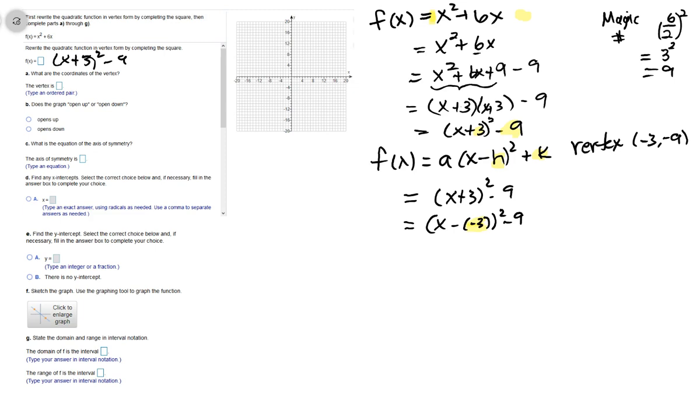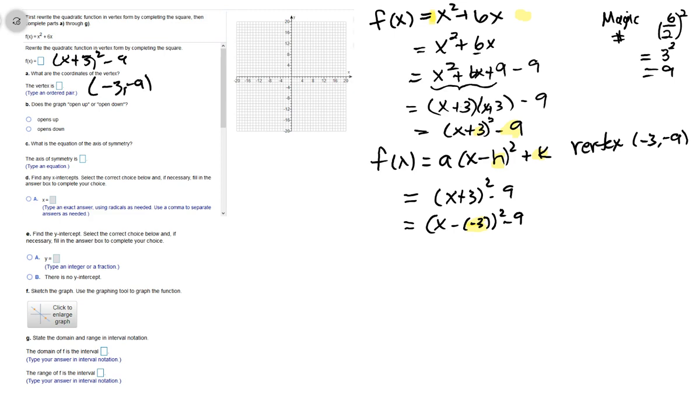Now, that's a lot to kind of keep in your head, but you can always just keep in mind that it's the opposite of what you see there. So if you see a plus 3, you're going to use a minus 3 in your vertex. If it's a minus 3, you're going to use a plus 3 in your vertex. So our vertex is -3, -9.